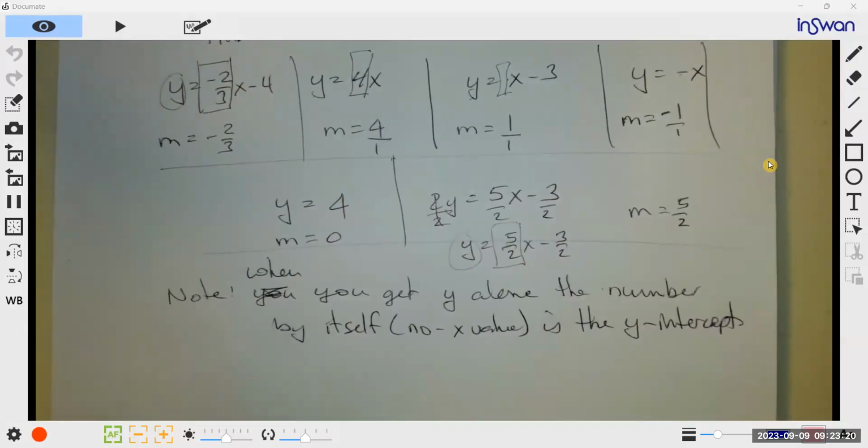Because basically what that means is whenever x is equal to 0, you get just a constant number.